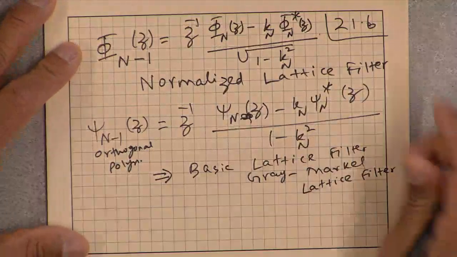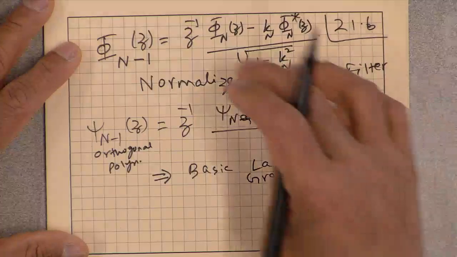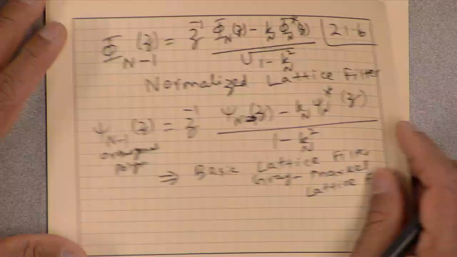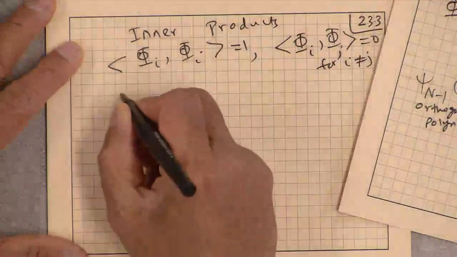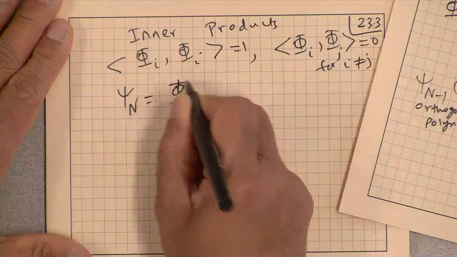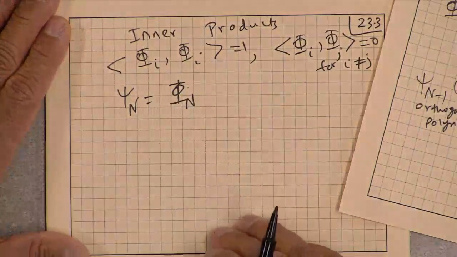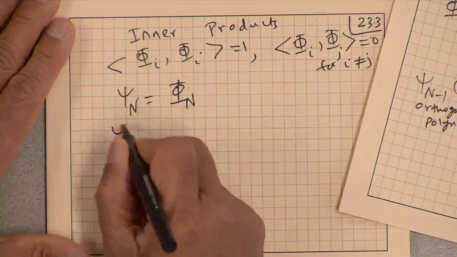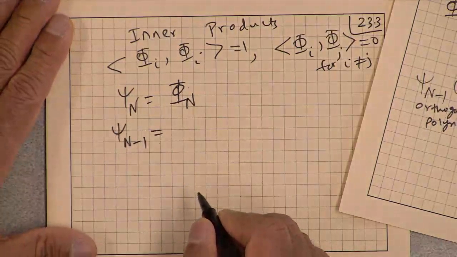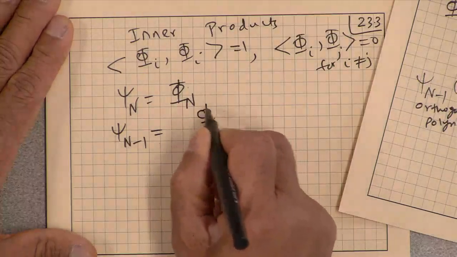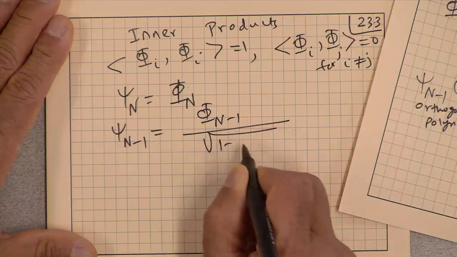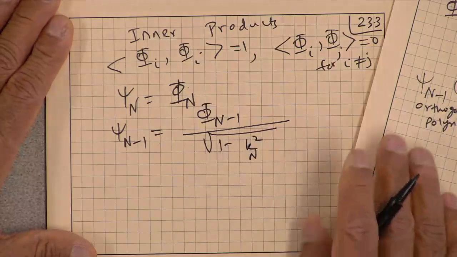From these you can see that I can write down psi n is equal to phi n. For degree n these are the same. Psi n minus 1 is equal to phi n minus 1 divided by square root of 1 minus kn squared.